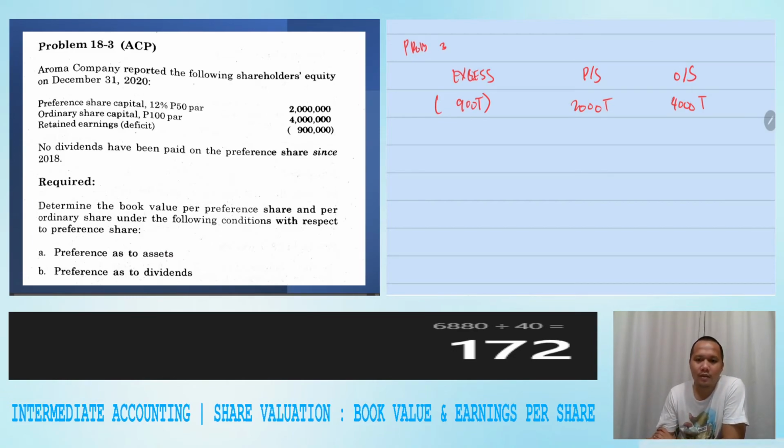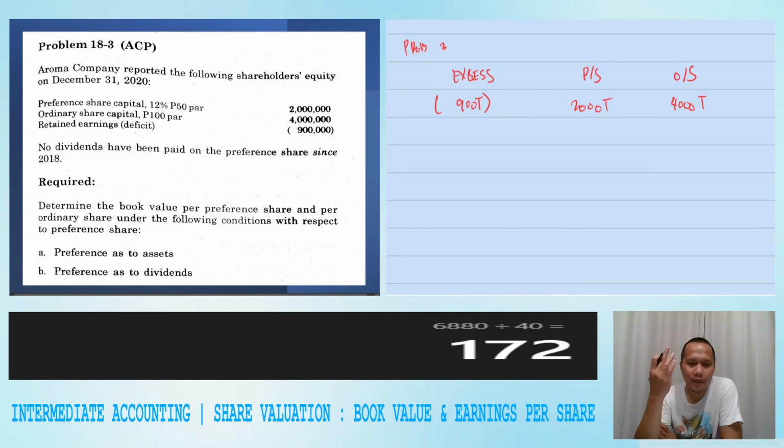So again, sabi nga natin kanina, kasi nga preferred as to asset, basta may asset pa ang corporation, dividends of the preference share is to be paid cumulatively. Okay? Kasi nga, preferred as to asset.